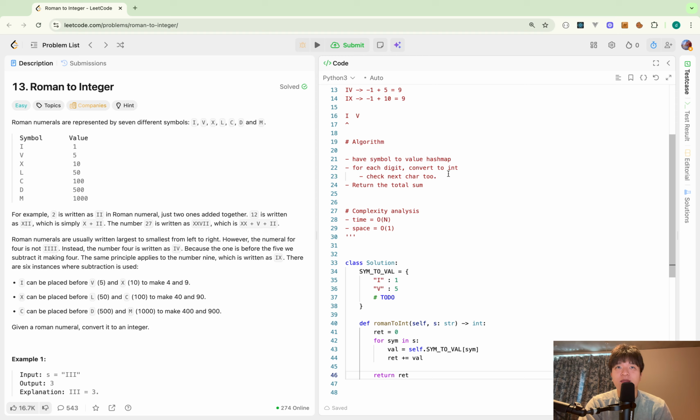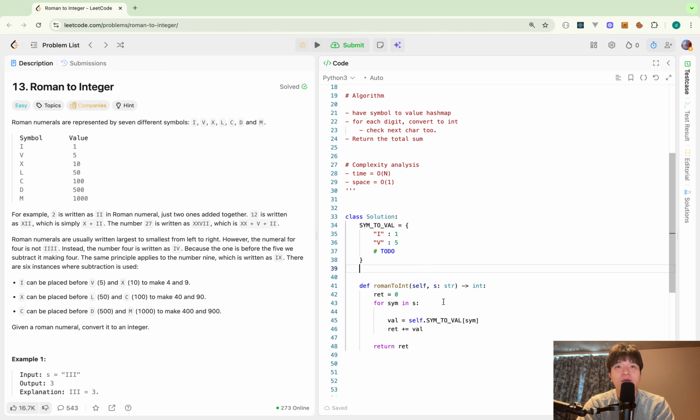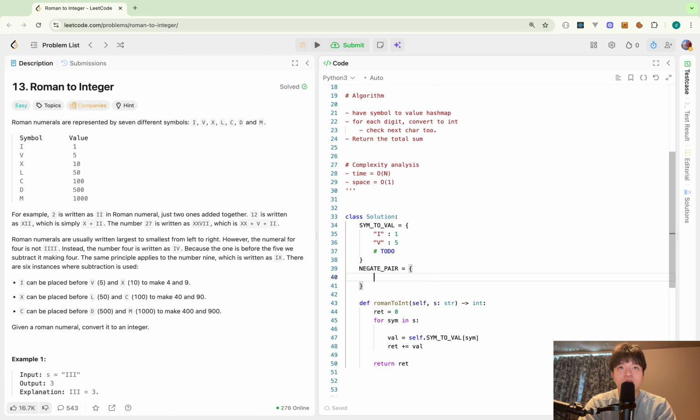So I implemented everything except for line 23. I have to check the next char too. So what I can do is, I can say negate pair, and I would say this should be set.